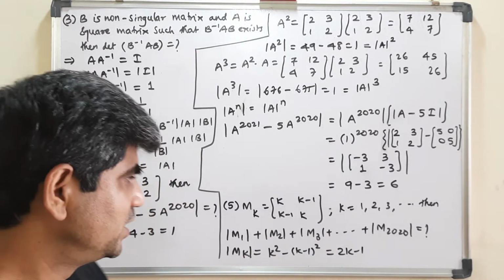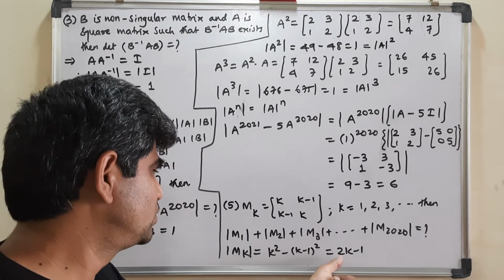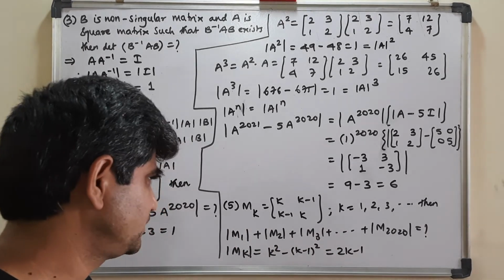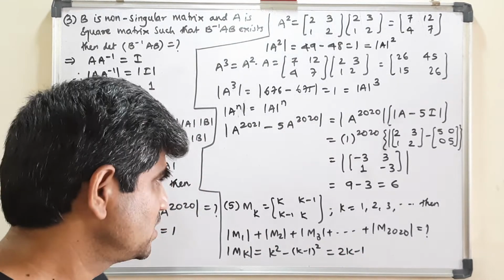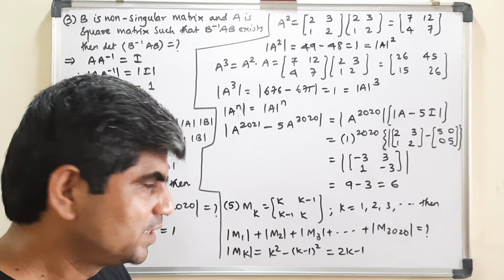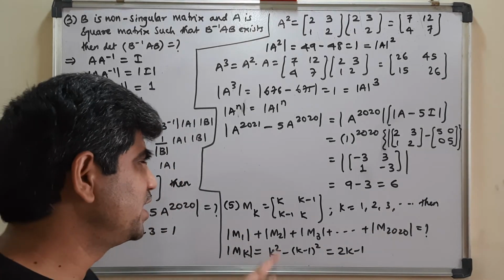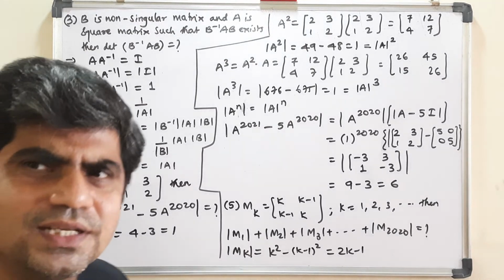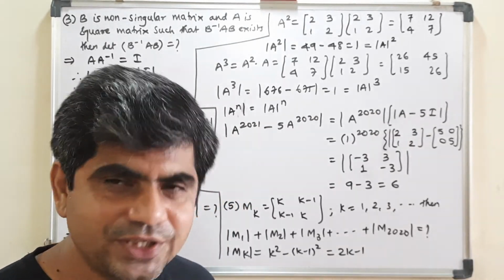So if you take M1, that will become 2 minus 1. And for M2 it will become 4 minus 1, and so on you can take. If you write the terms, you will come to know what it is. M1, M2, M3, it is nothing but simple addition, that is, we will get a summation of something.